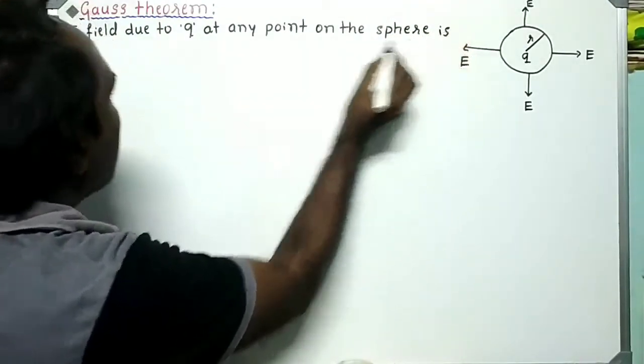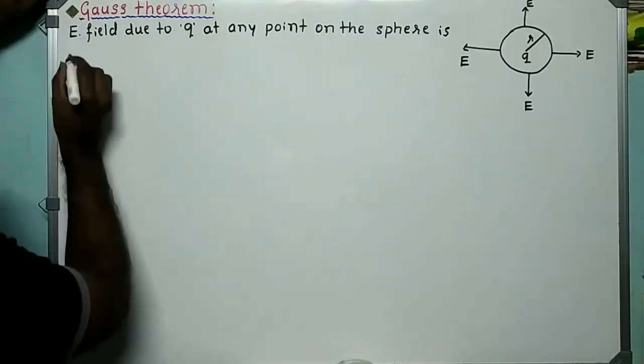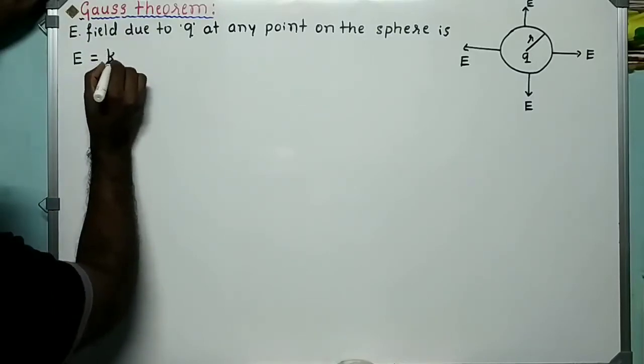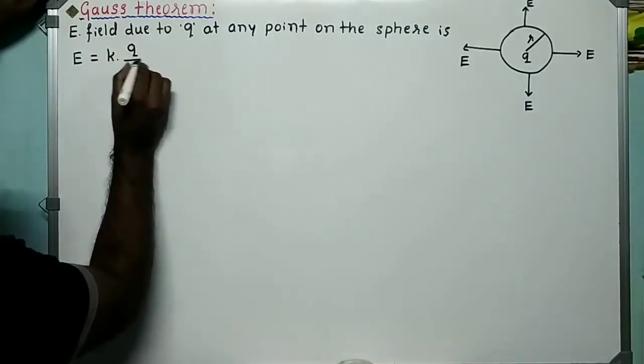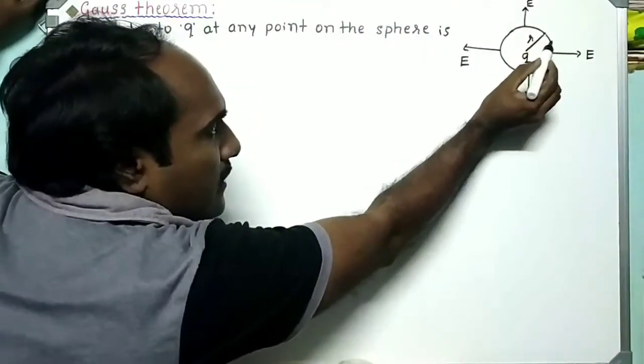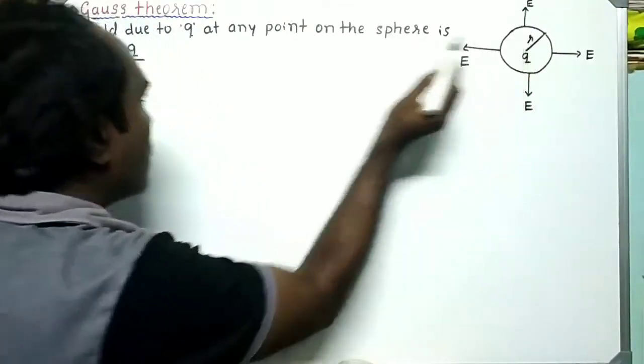E is equal to K into Q divided by R square. If the point is here, then the distance between the point and Q charge is R, hence R square.